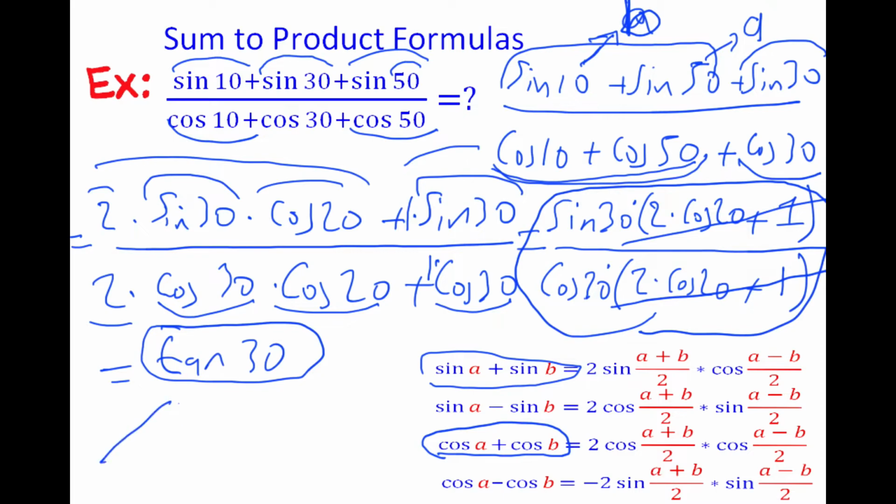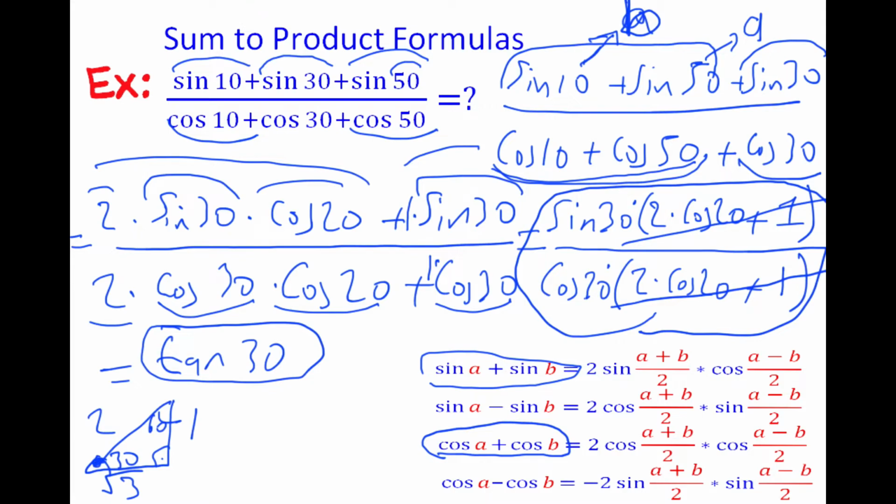If you draw here the special right triangle where the angles are 30 and 60, this is 60. This side was 1, which is opposite of 30. This side, which is opposite of 60, is square root of 3, and the hypotenuse is 2. So from here, if you apply the tangent 30 on this special right triangle, then we're going to look at the situation from the 30 degrees perspective, right?